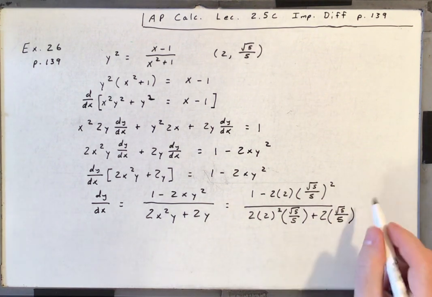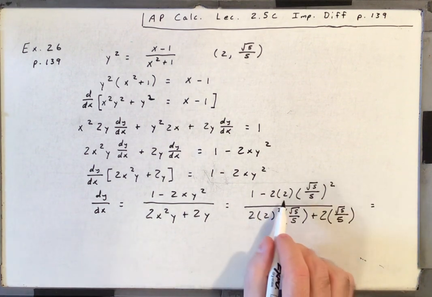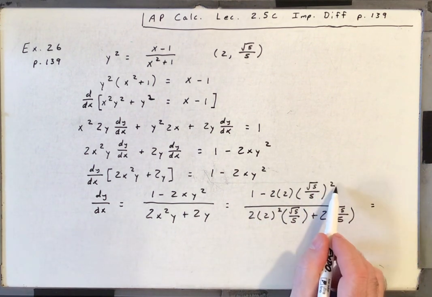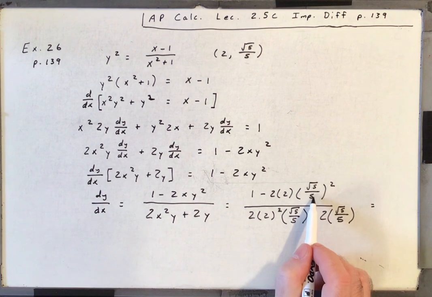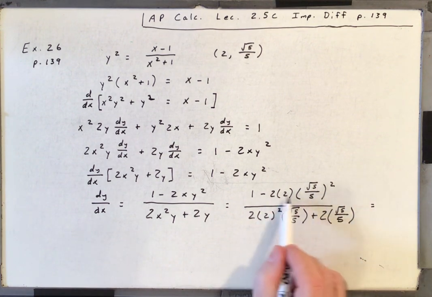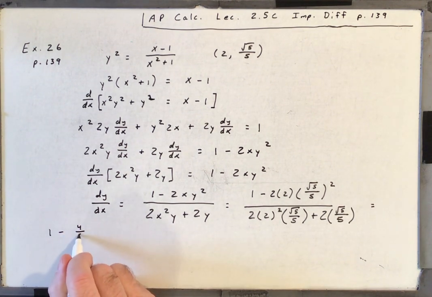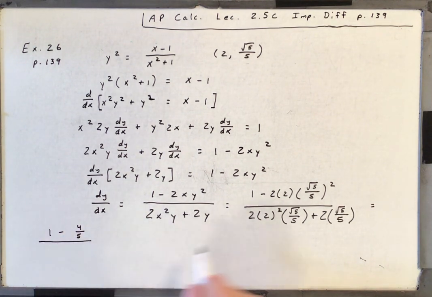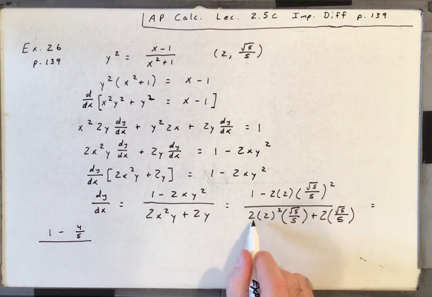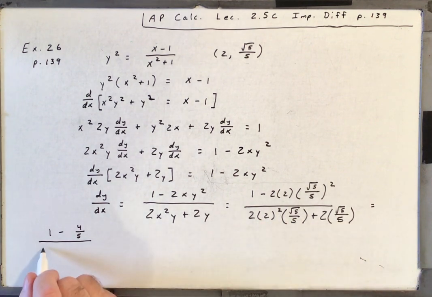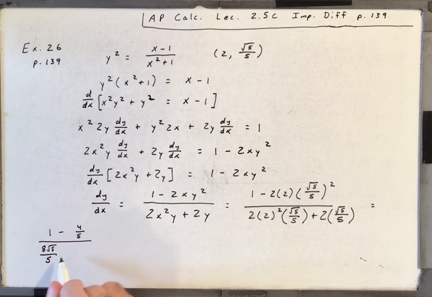All right, that's a bit of a mess, but let's try to clean it up. Root 5 squared is 5. 5 squared is 25. That's 5 over 25, or a fifth. 2 times 2 is 4. So on the top, that'd be 1 minus 4/5. All right, 2 squared is 4, that'd be 8 root 5 over 5, plus 2 root 5 over 5.